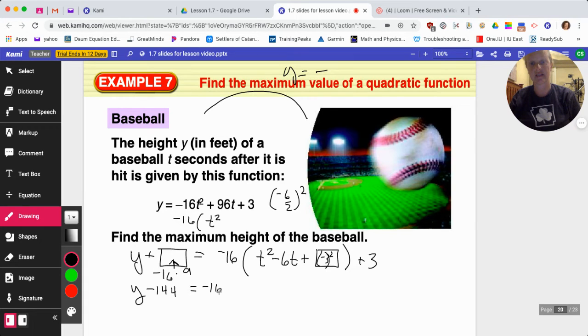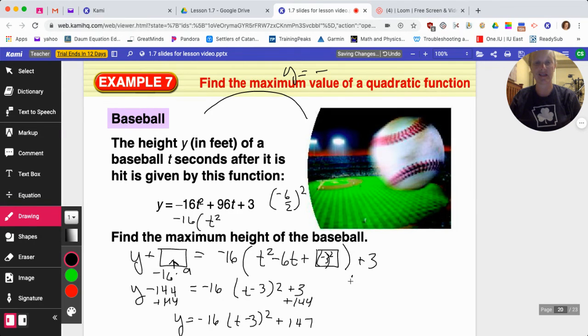equals negative 16, perfect square trinomial, (t minus 3) squared plus 3. Add 144 to both sides. I have negative 16 (t minus 3) squared plus 147.